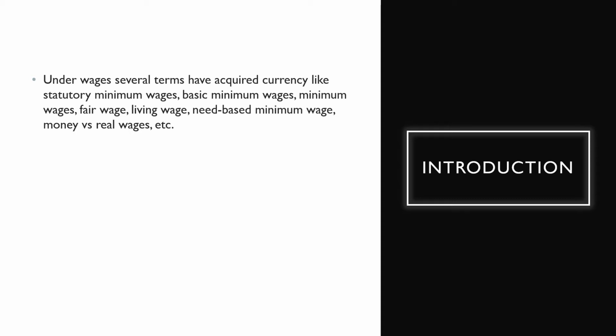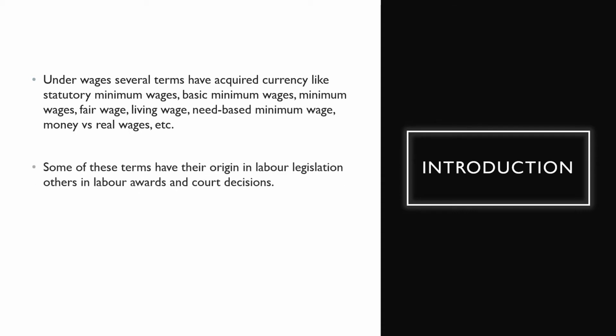There is statutory minimum wage, basic minimum wage, minimum wage, fair wage, living wage, need-based minimum wage, money wages, real wages. Like that, there are a number of concepts which have come up about what exactly wage is.